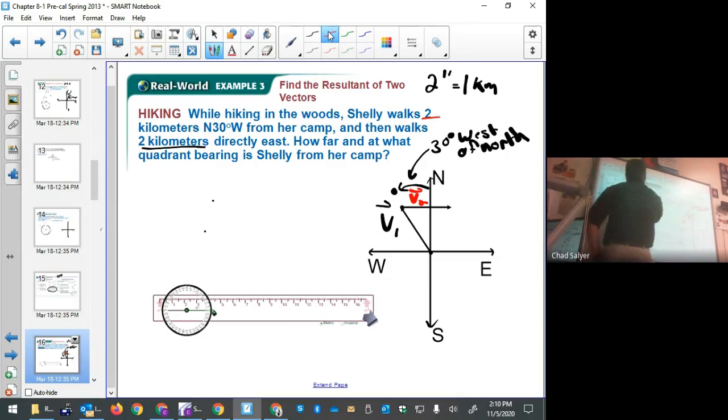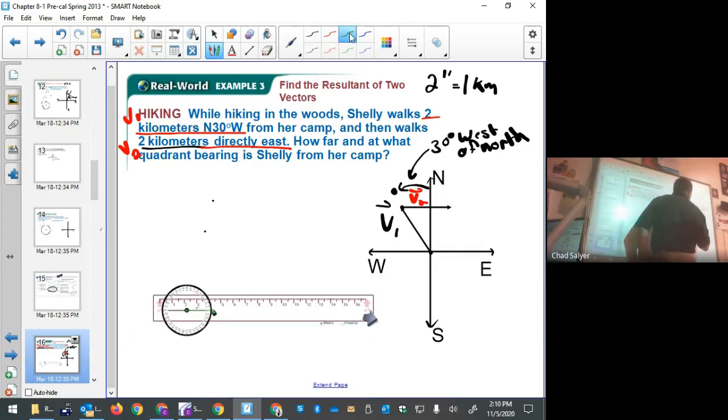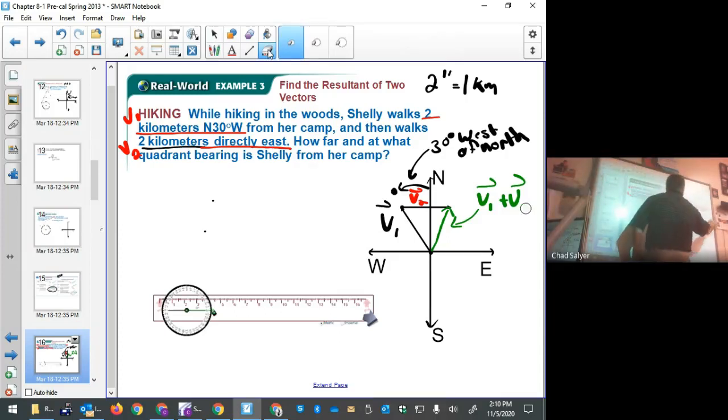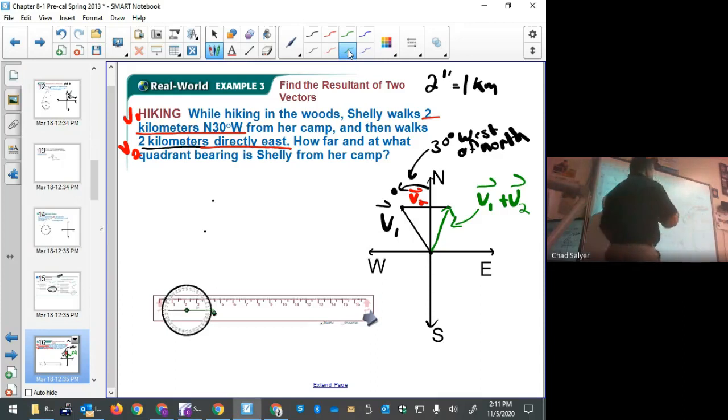So 2 kilometers, 30 degrees west of north, that's V sub 1. 2 kilometers directly east, that's V sub 2. And then what is the resultant? That's going to be this vector, and we want to describe that. So let's find its angle.